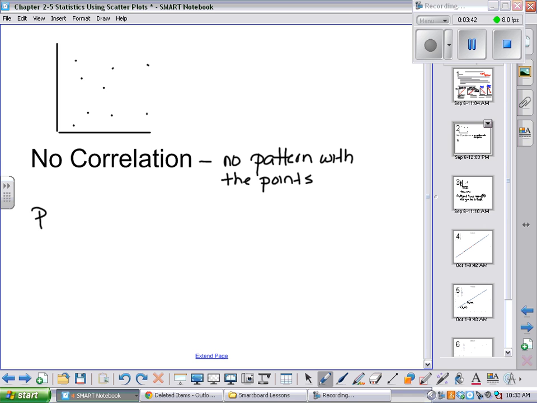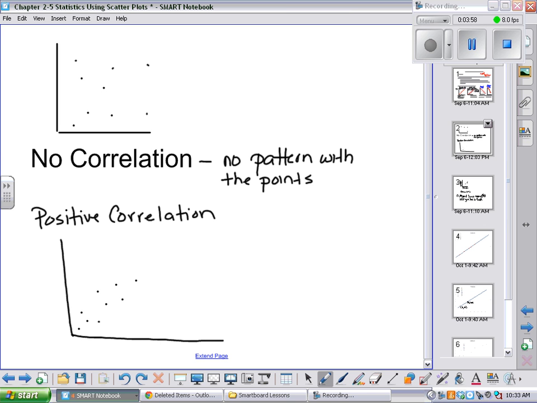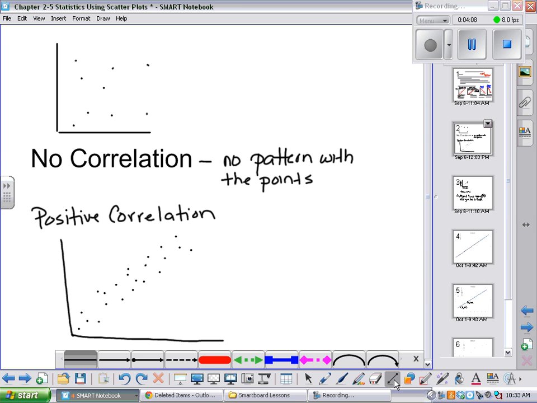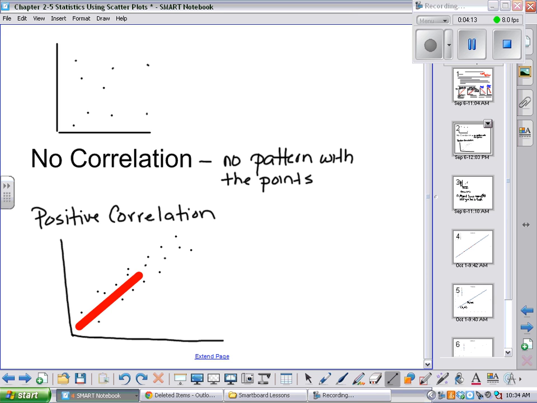With a positive correlation, we're looking at the data as we read it from left to right. As you can see here, the graph as you read it from left to right seems to be moving up.